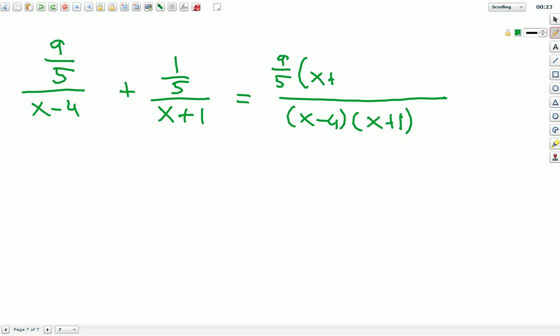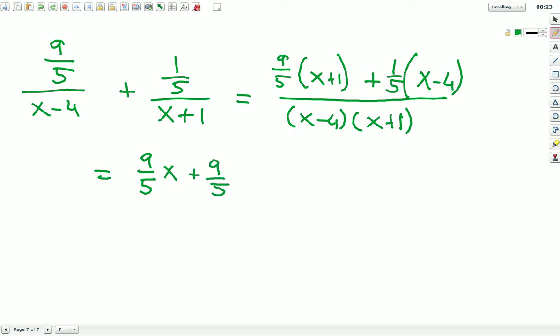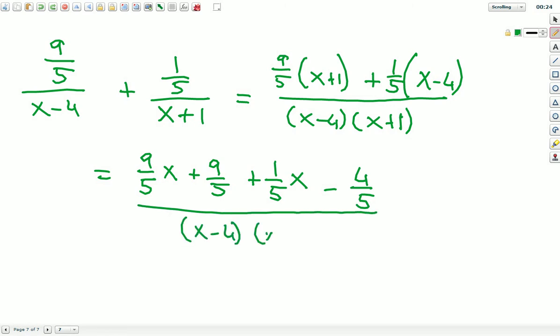So we get 9/5 times x plus 1, plus, for the second fraction multiplied through by x minus 4, we end up with 9/5 x plus 9/5 plus 1/5 x minus 4/5, divided by x minus 4 times x plus 1.